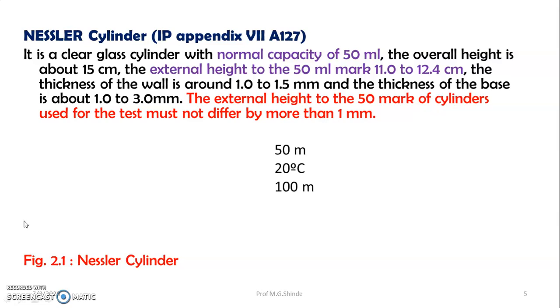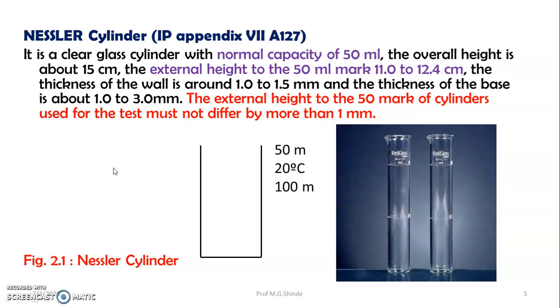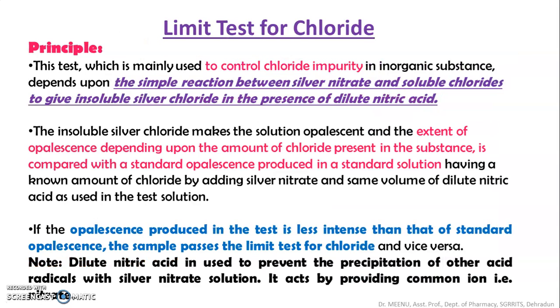The external height to the 50 ml marks of the cylinders used for the test must not differ by more than 1 mm. So this should be the specification for the Nessler cylinder while performing the limit test. So this is the pictorial diagram of the Nessler cylinders.